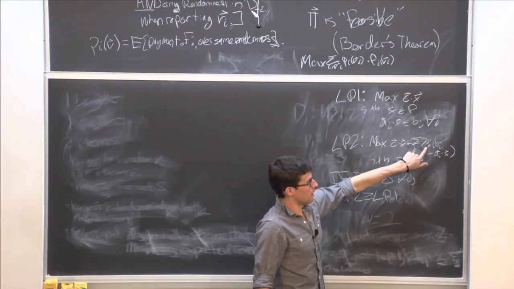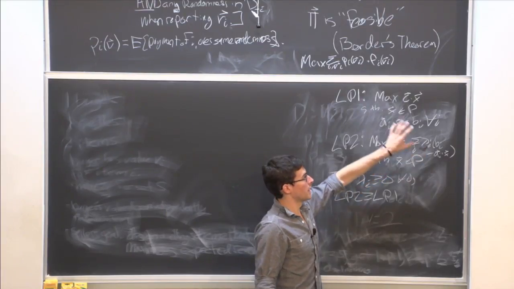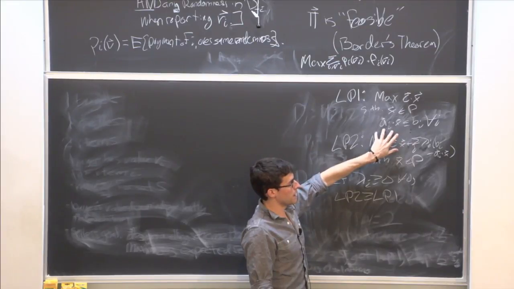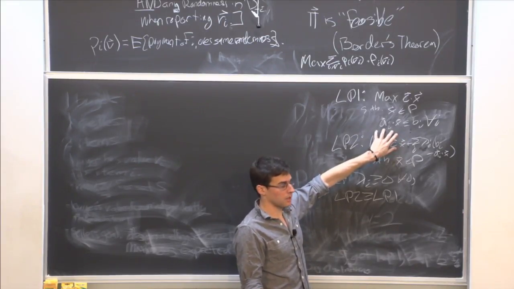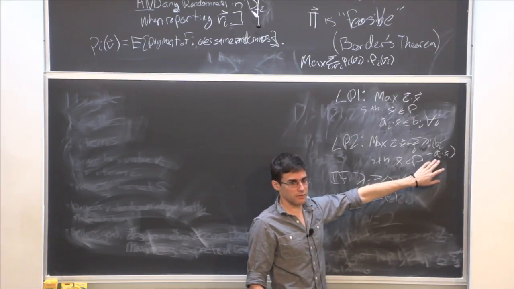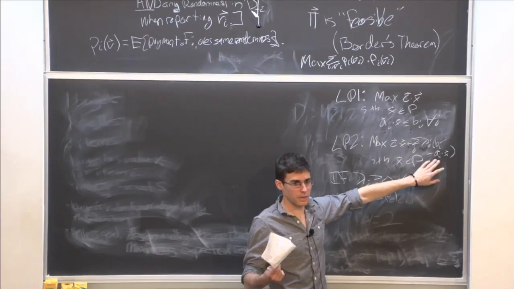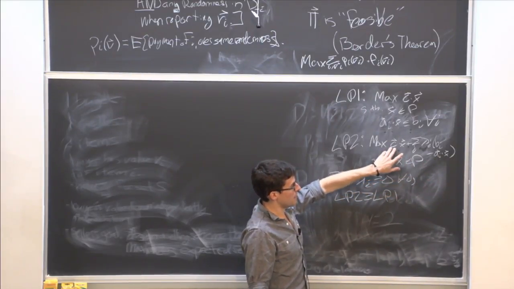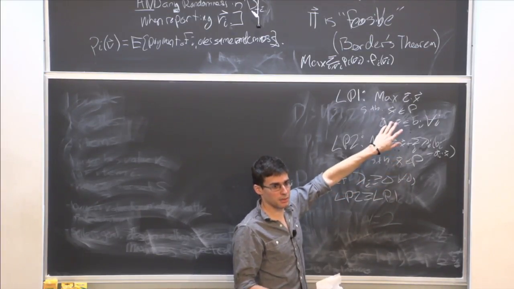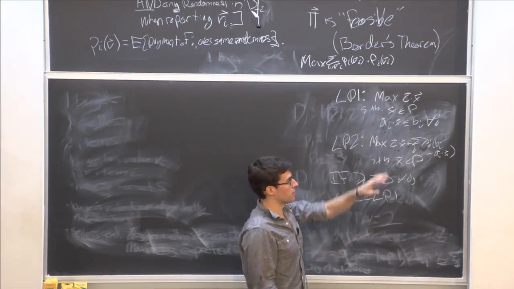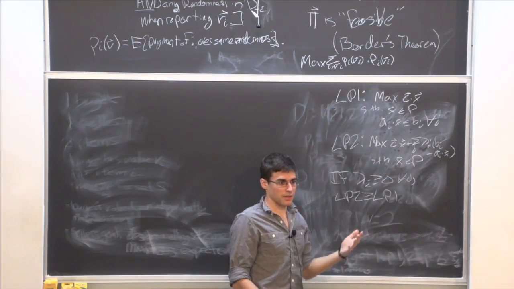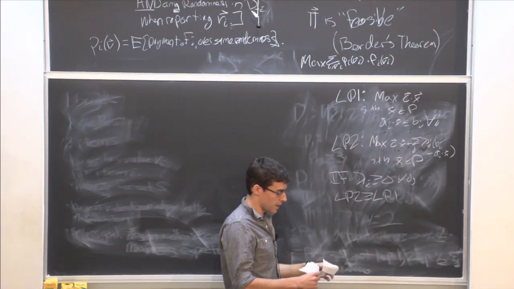If all of these are non-negative, and I take any feasible solution here, b_i minus a_i dot x is non-negative for all i, so I have something non-negative times something non-negative. Maybe it's 0, but otherwise it's positive. c dot x is the same, and this solution is feasible because x had to be in P here, so it's still in P here. So any feasible solution here is definitely feasible here, and its value can only go up. This is one way to get upper bounds.